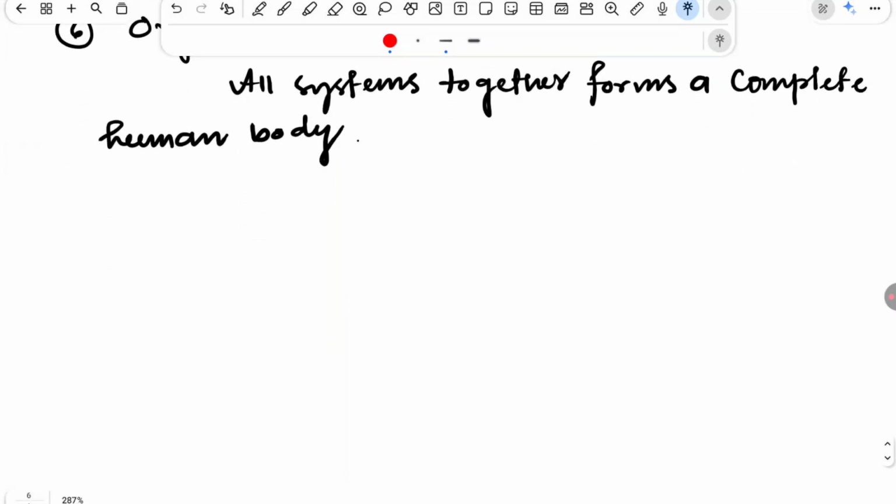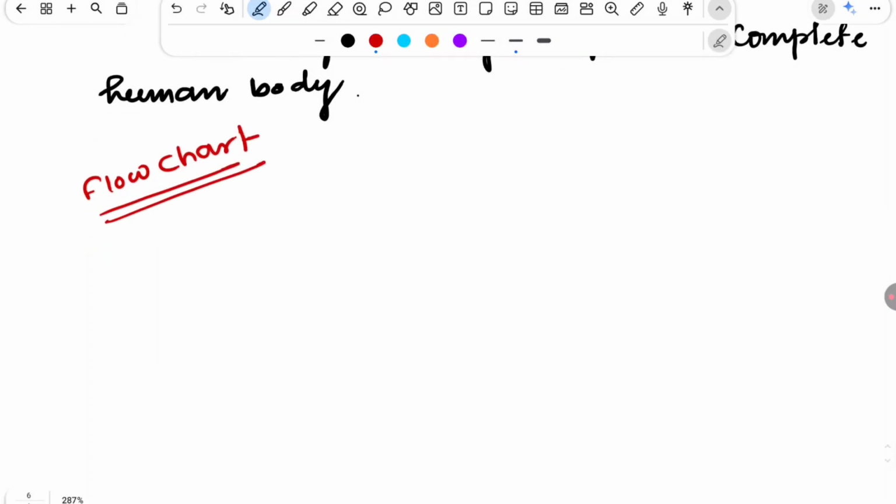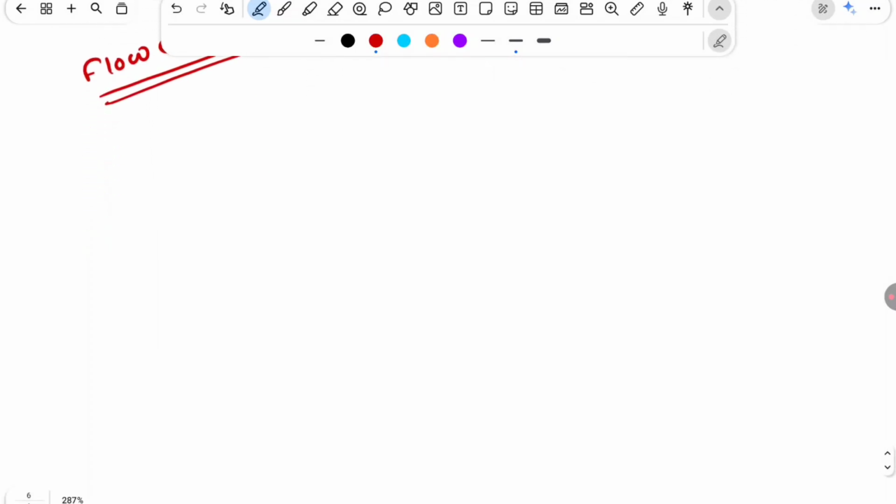Okay, next, for easy remembering, I will make you a flow chart. You can remember that, or make a diagram and paste it on your wall wherever you are studying and see it, then it will be easily remembered. Okay, here I will write the flow chart. First is chemical level.